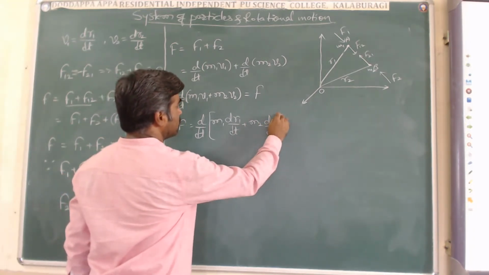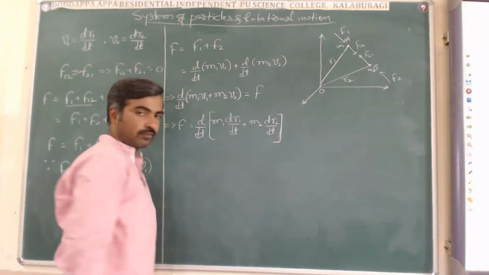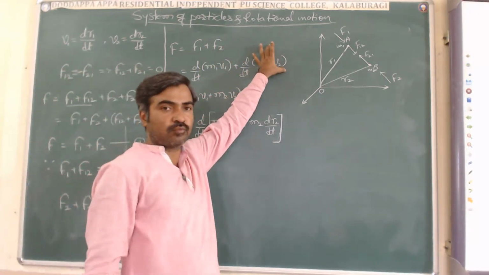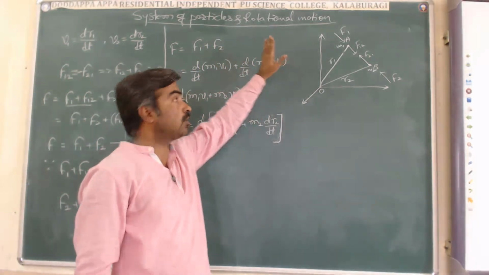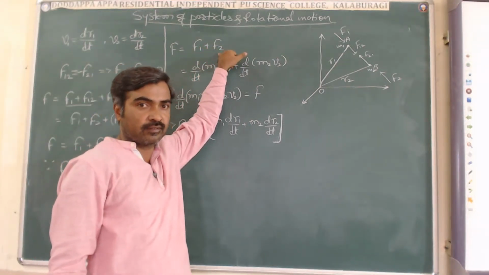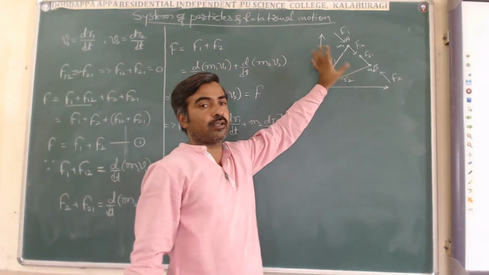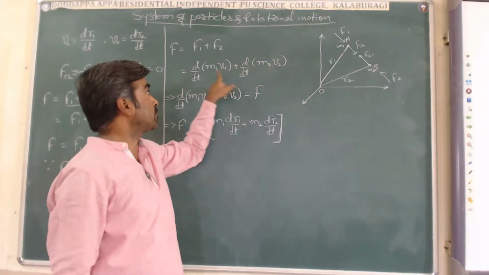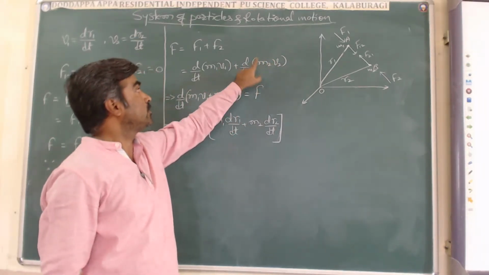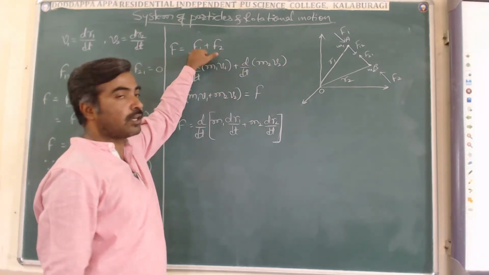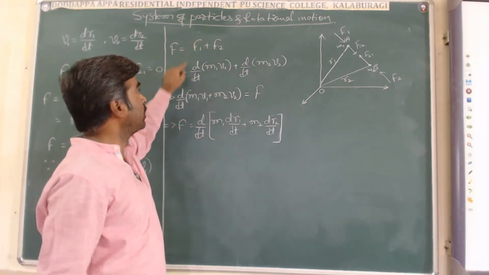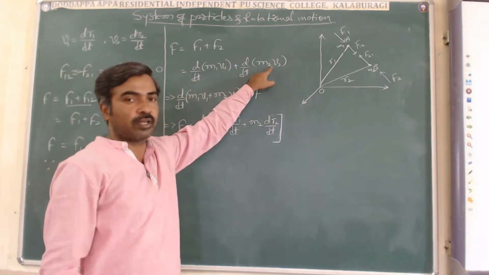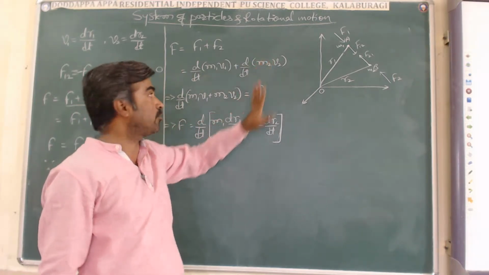The small modification we made: F1 plus F2 is nothing but the rate of change of momentum of the first and second particles due to the applied forces, added for this system of two particles. M1 V1 and M2 V2 represent the momentum of the first and second particles. Since force according to Newton's second law is the rate of change of momentum, we take d by dt of momentum.